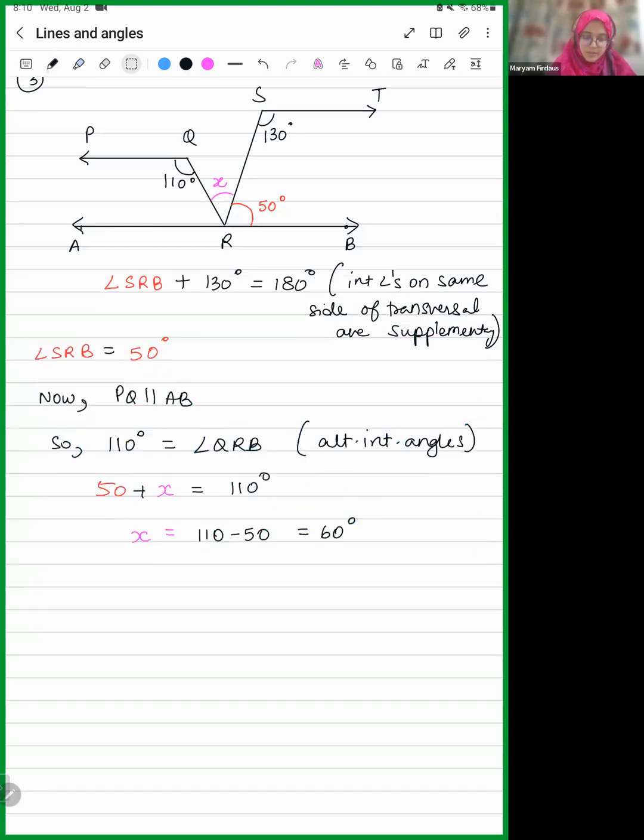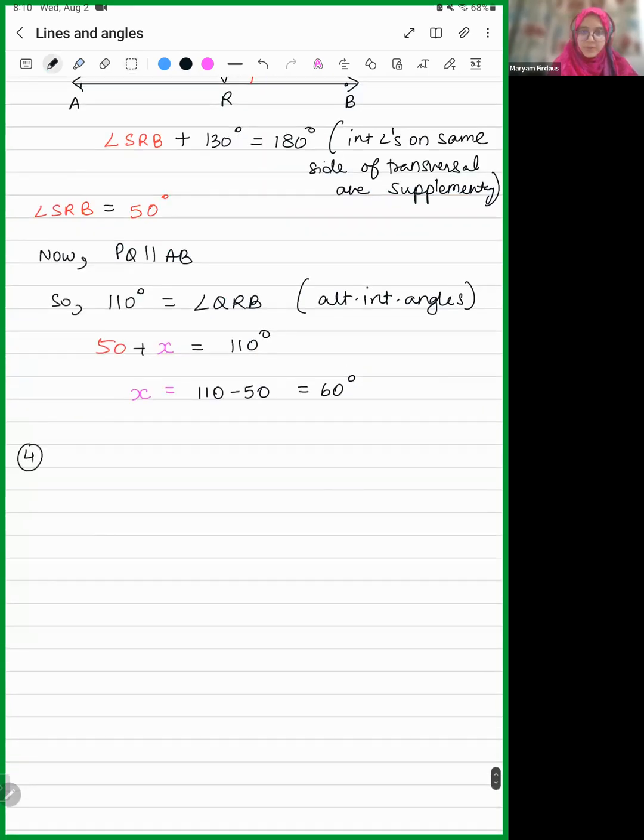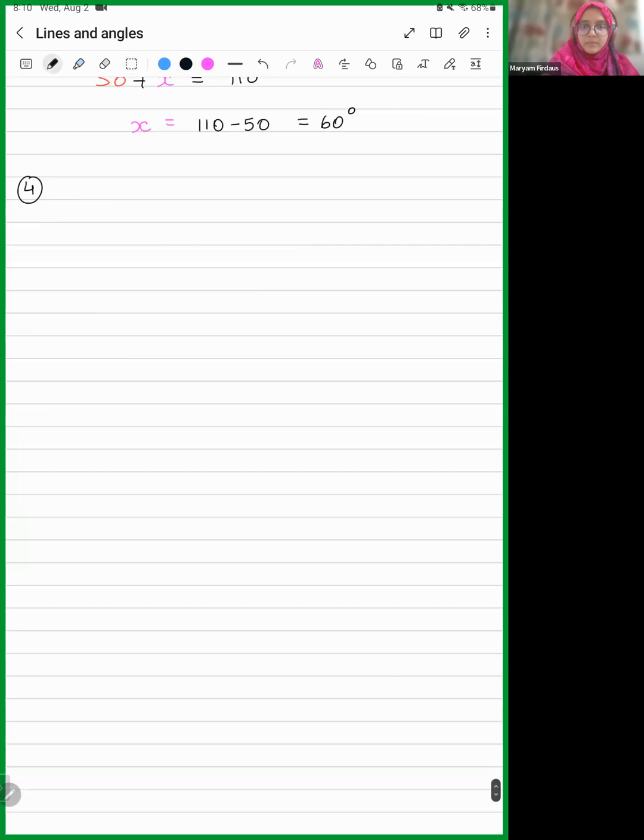Next, move on to the next one. Fourth question. So again, we have two parallel lines, AB and CD.